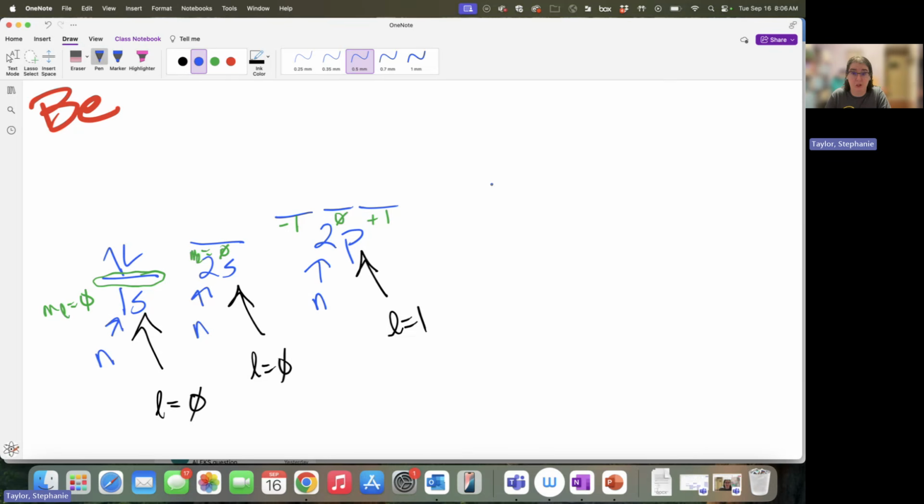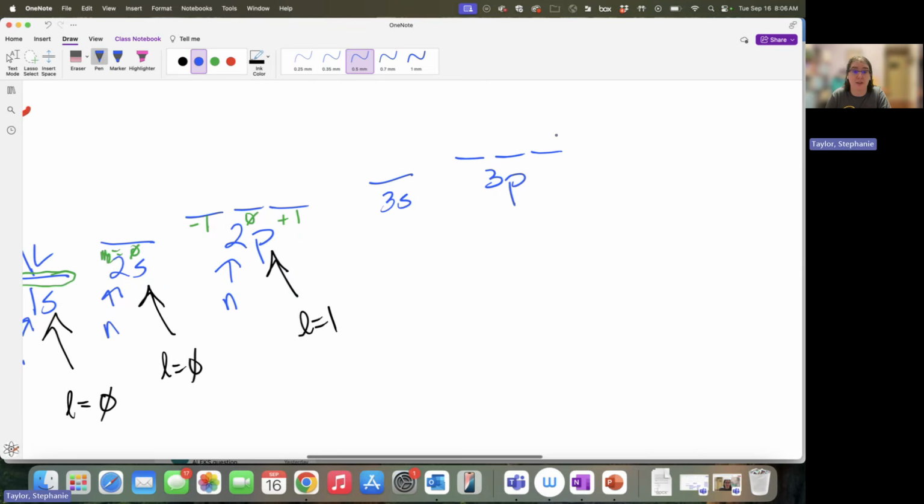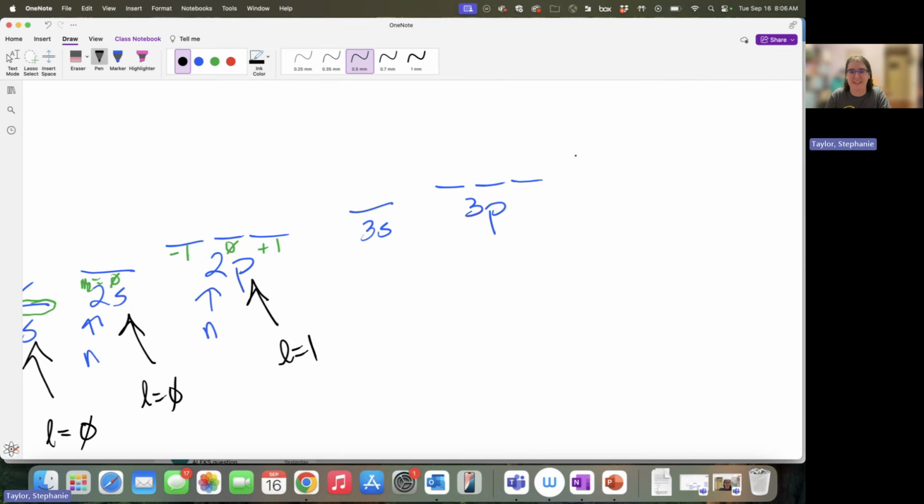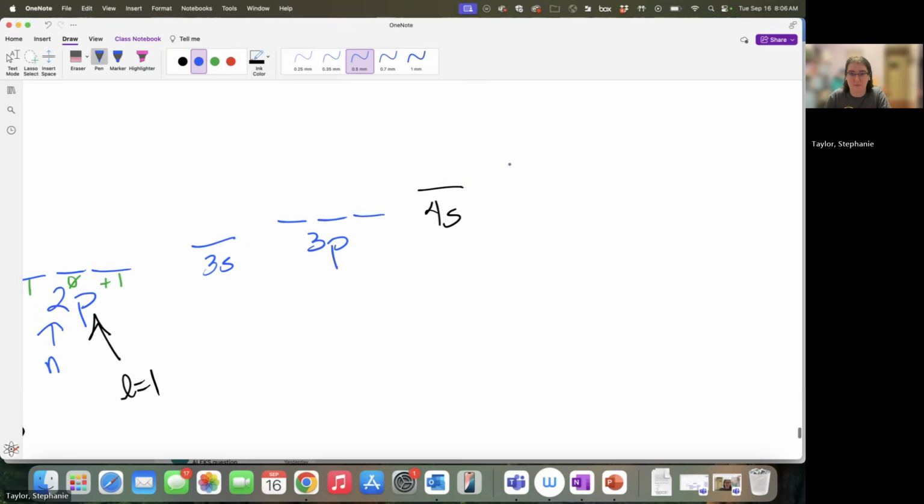For the sake of showing this off, I'm going to go ahead and stick the 4s in here because this is where it goes. 1, 2, 3, 4, 5. This is the 3D.